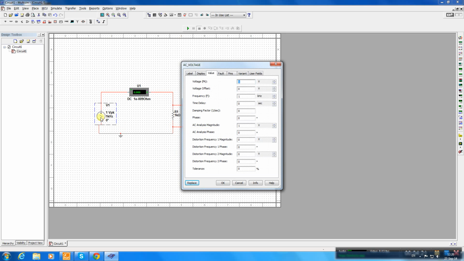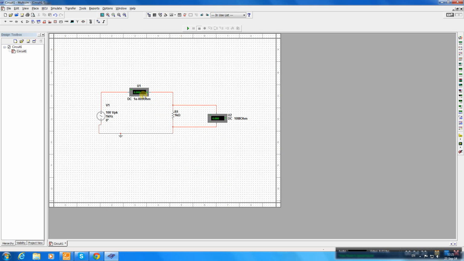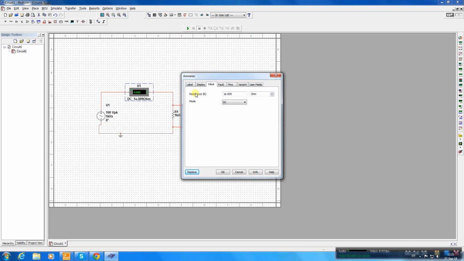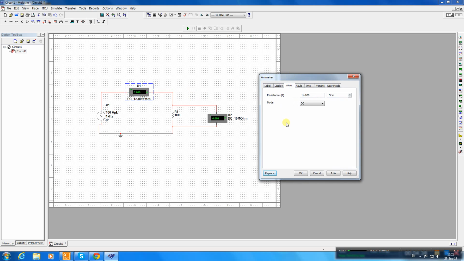Here we can set some parameters. Peak voltage actually means amplitude. Let's set it to 100 volts. Here we can set the internal resistance, and it is very small. Just for yourself, please answer the question why the internal resistance of an ampermeter should be as low as possible.